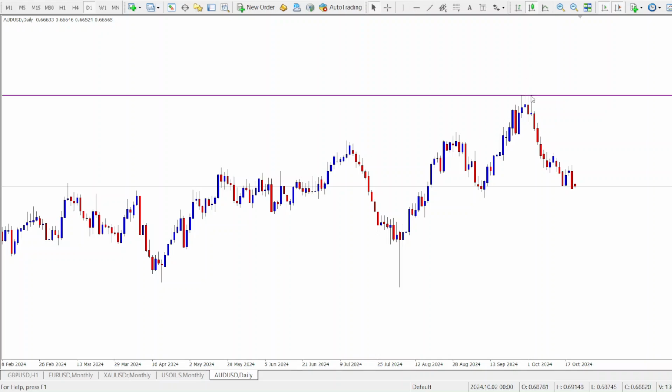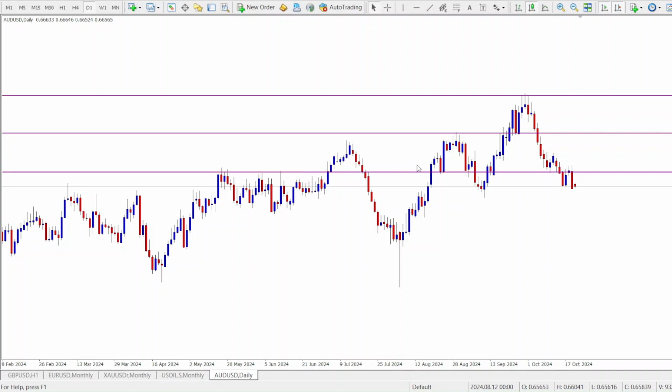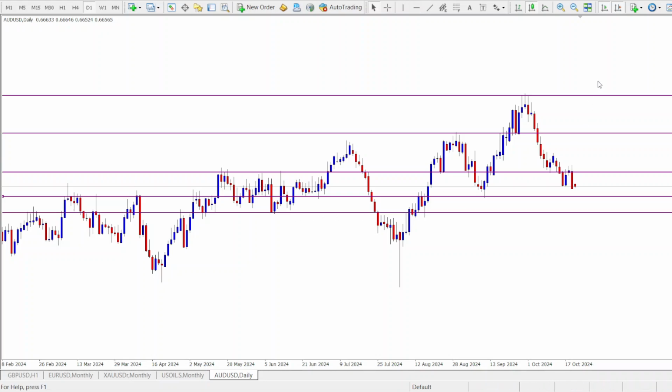We can see a point of rejection here. We can see points of rejection around here, right? So we have some zones around these points. You can see rejections here, and we have something here.